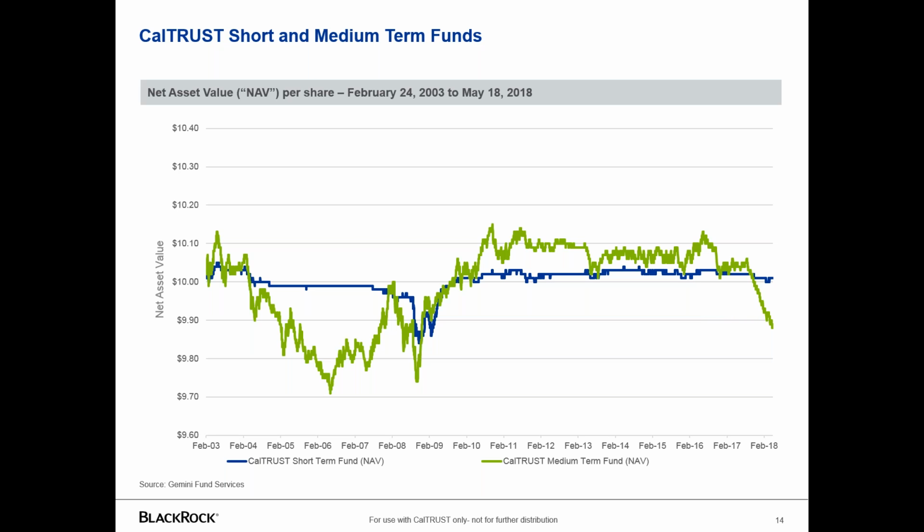I still believe the market's currently pricing in a little more than 2 hikes for the rest of the year. They've got 3 meetings. It had been at 2.5, taking a little bit out since the Fed minutes were released. But I believe that the short-term fund will adjust relatively quickly to any increases in the rates and continues to produce these absolute positive returns month over month.